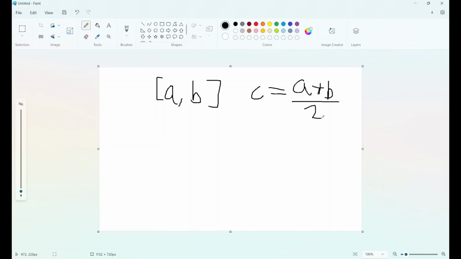and that will be our point in the middle, exactly halfway between them. And what we'll then say is, okay, well, we know that for any continuous function, which means that if you're drawing this with a pencil on a piece of paper, you're never lifting the pencil up.